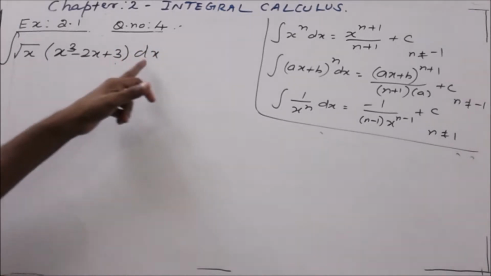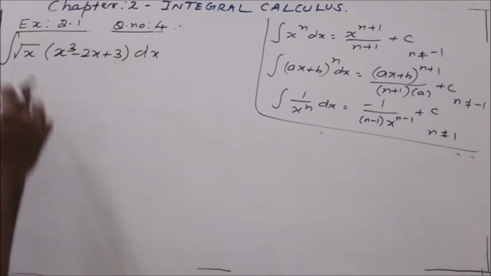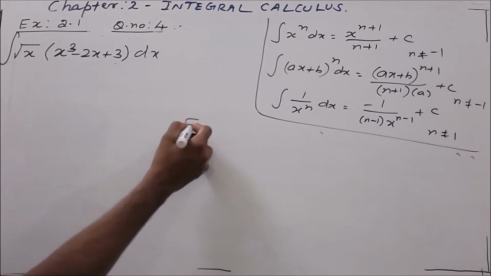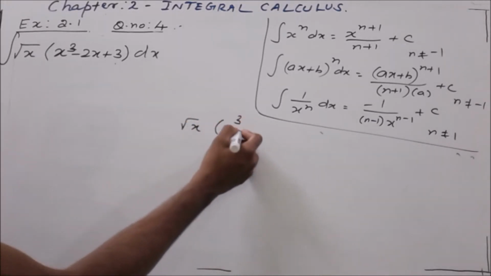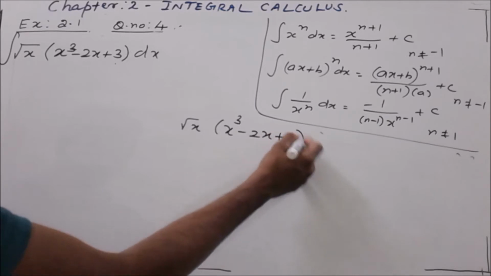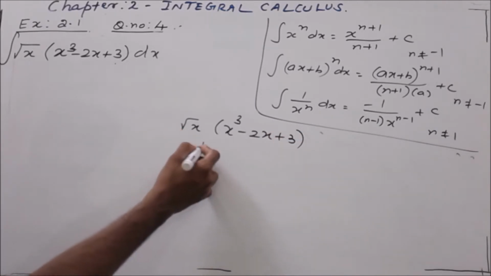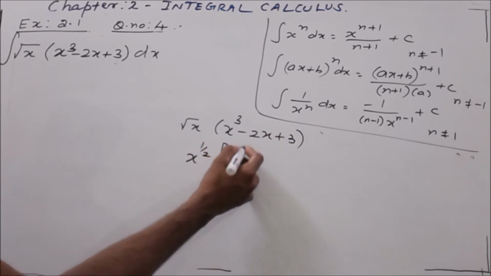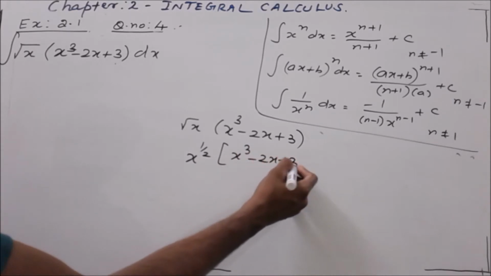The functions are in x, so apply dx here. So multiply these two: √x into x³ - 2x + 3. √x means x^(1/2) into (x³ - 2x + 3).